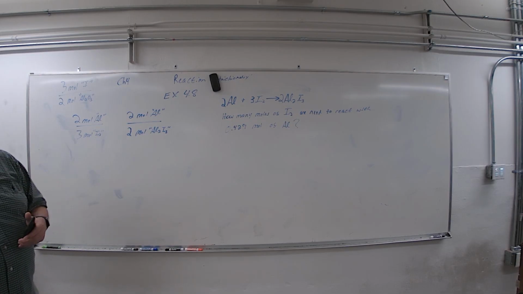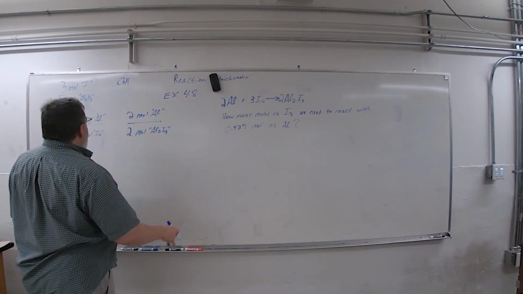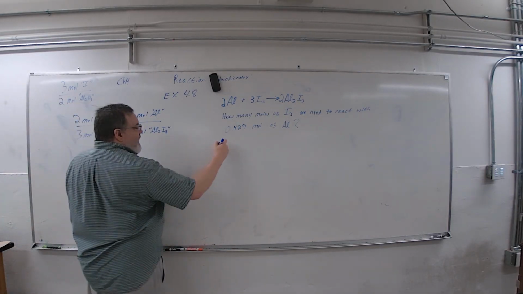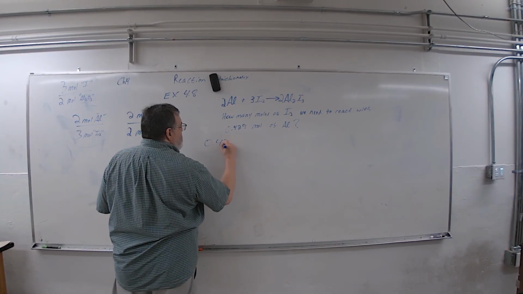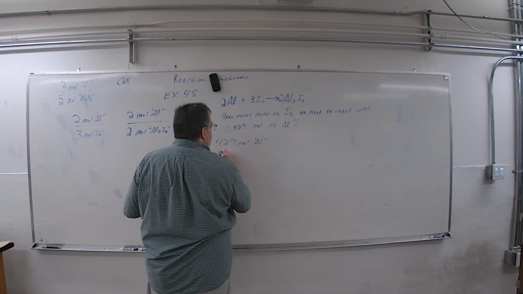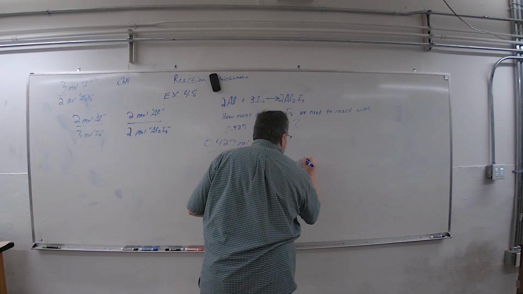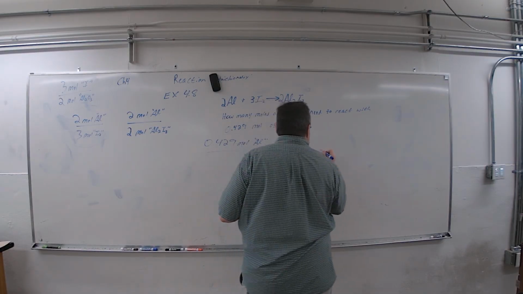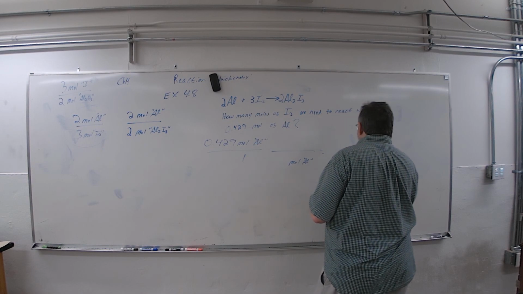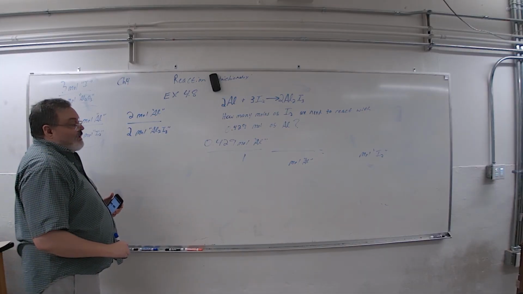It doesn't talk about Al2I3. So the relationship you're going to want is between I2 and Al. So this is the relationship we want. You're told you have 0.429 moles of Al. You want moles of Al on the bottom. We're being asked for moles of I2. How many moles of I2?